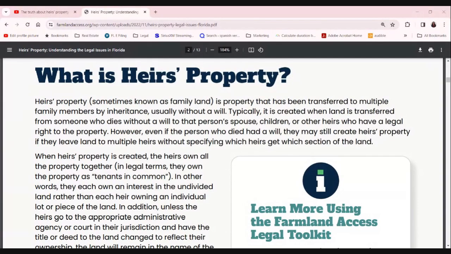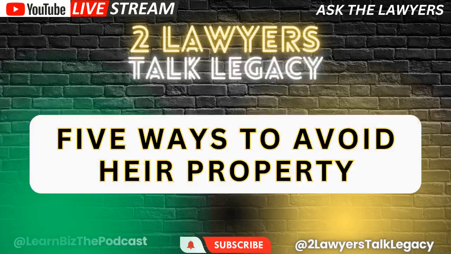So that's it: five ways to avoid heir property. Heir property generally is not a good thing, folks. Usually that property does not end up lasting. Something happens, it ends up getting sold, it ends up getting mismanaged.